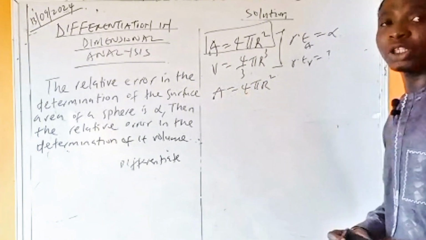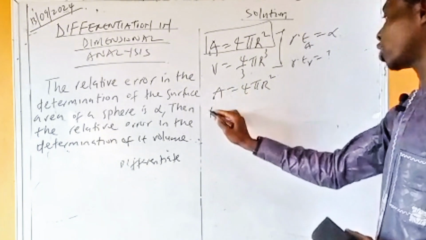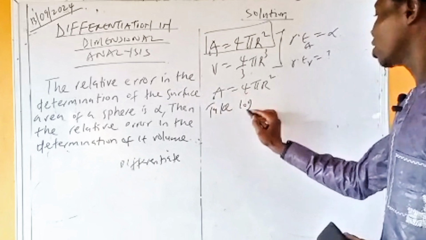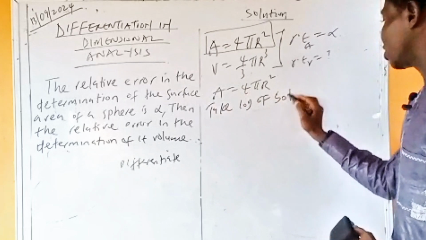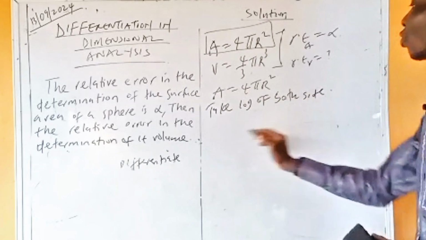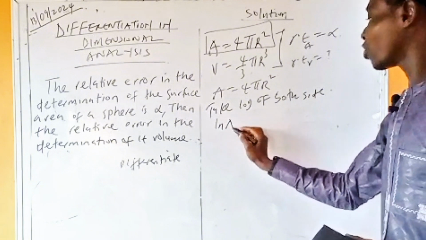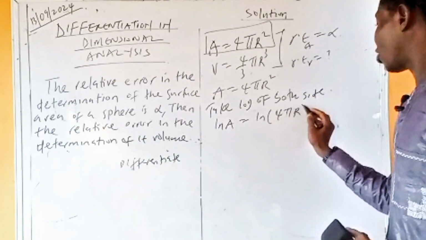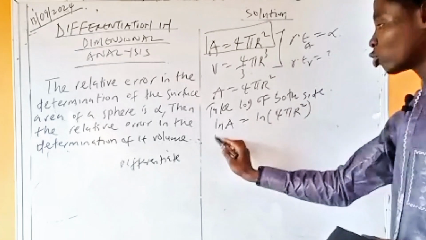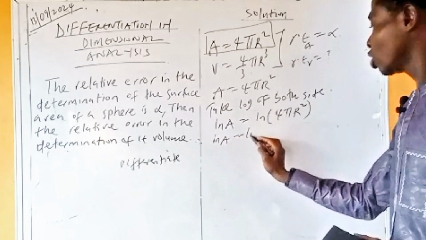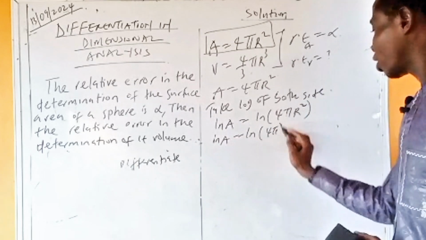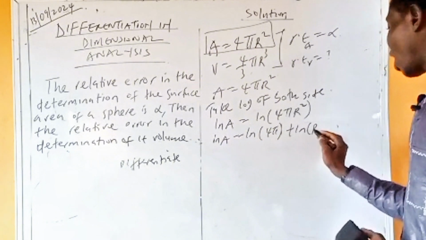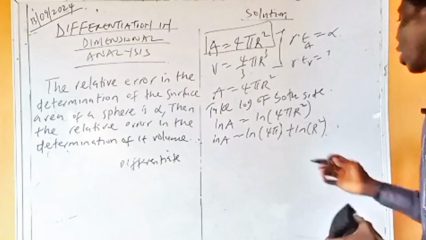To differentiate this, we take the log of both sides. So this will give ln A is equal to ln of 4 pi r squared. This can become ln A is equal to ln 4 pi plus ln r squared. I think you should know what I mean by this.